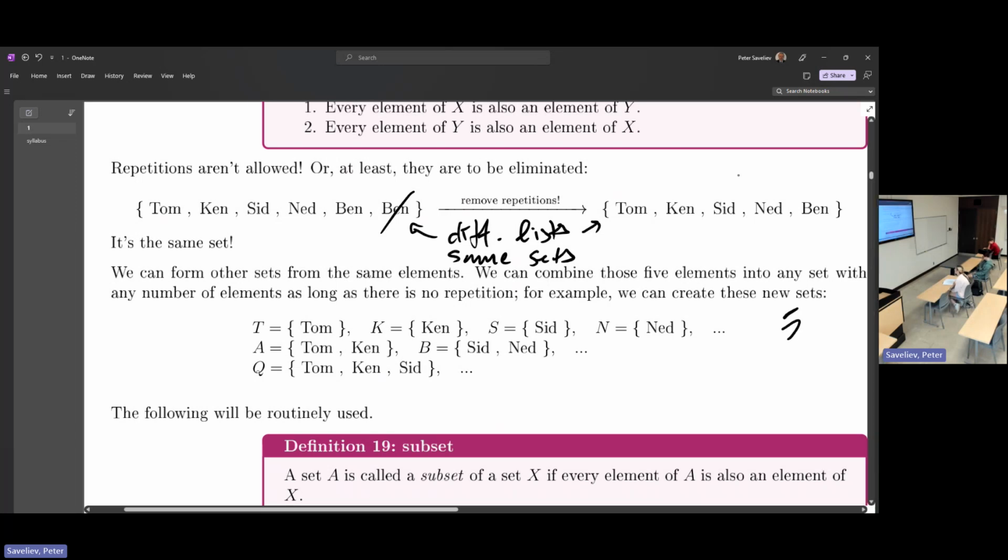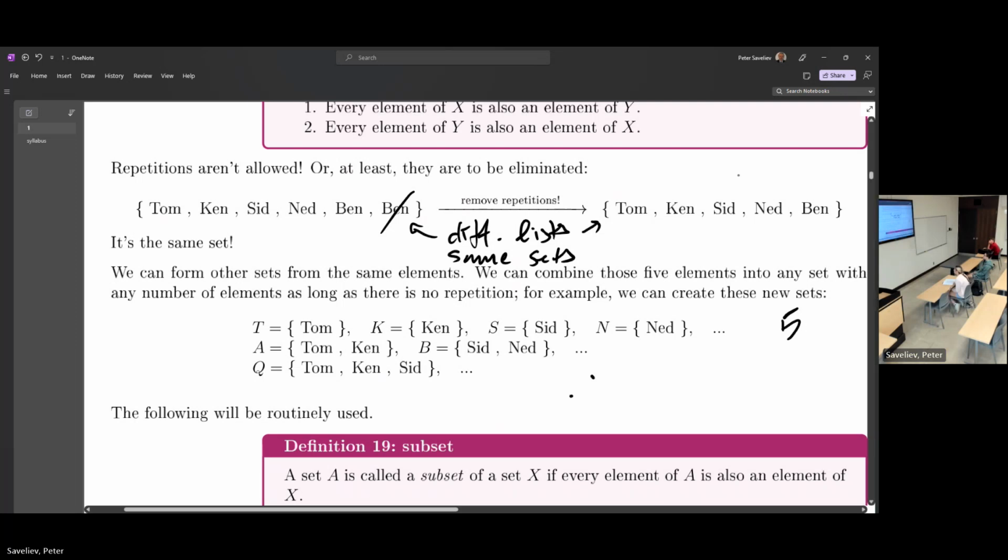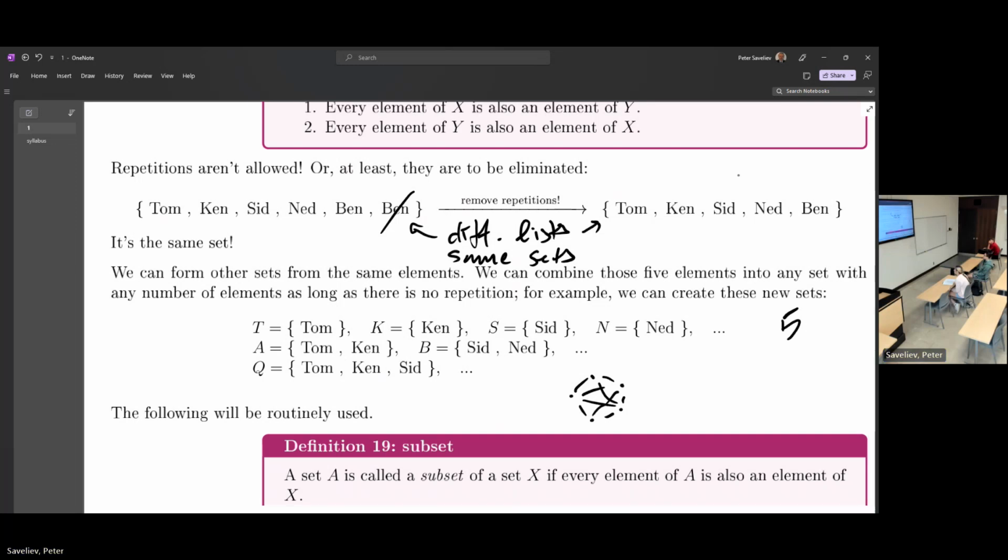For example, you can do 1 element subsets. There are 5 of them. How many 2 element subsets? Well, we can count them. 1, 2, 3, 4, 5, 6, 7, 8, 9, 10, 11. Well, I think the answer is 12 probably. But you can figure it out.